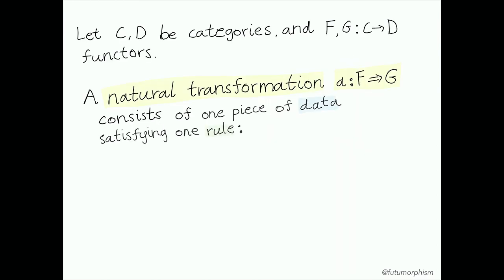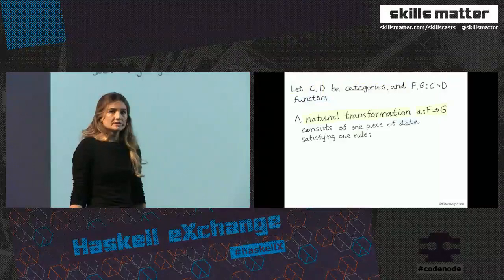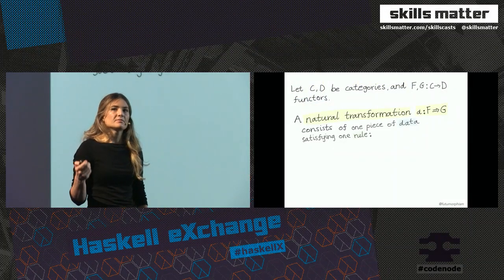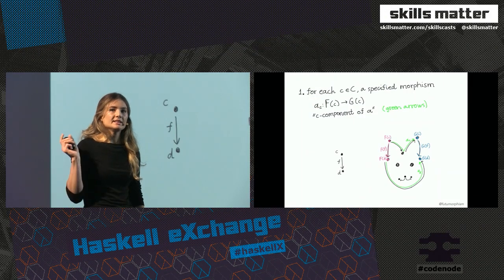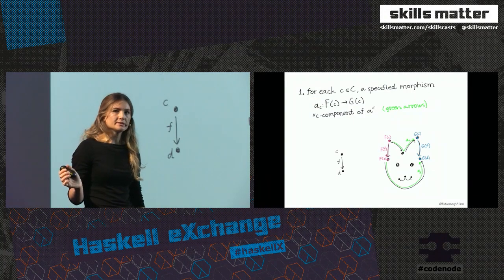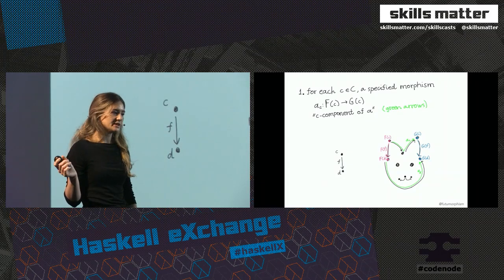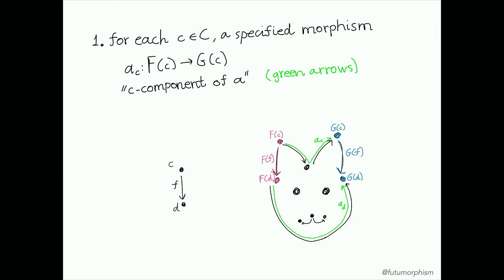So here's the definition. If C and D are categories and F and G are functors, a natural transformation consists of the data of a bunch of morphisms. So it's all these green arrows that take you from F of C to G of C. So for every object in the category C, you get one green arrow.